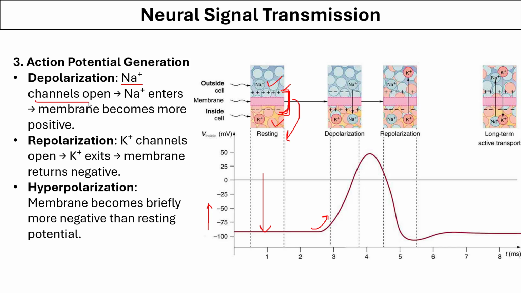That will lead to a rush of sodium entering into the cell, and the inside of cell starts becoming more and more positive, more and more positive. So at this stage we had a potential which was very strong, about minus 70, minus 75, minus 80 millivolt, but now it is slowly reducing and almost reaches to 0.